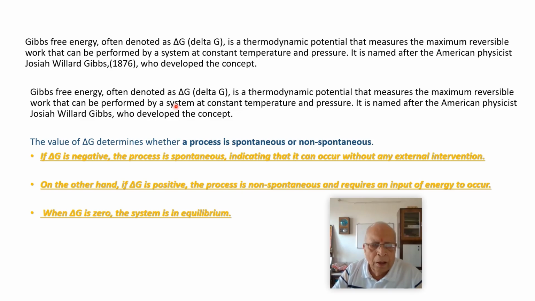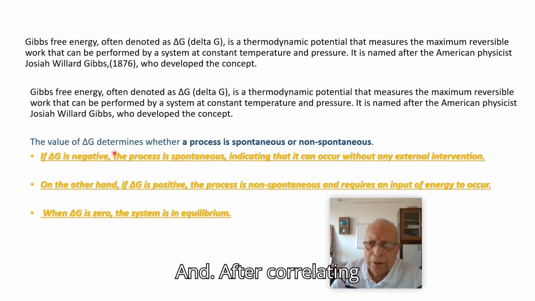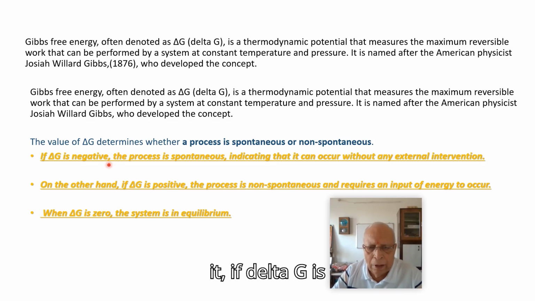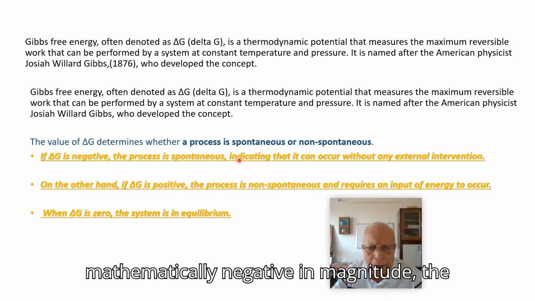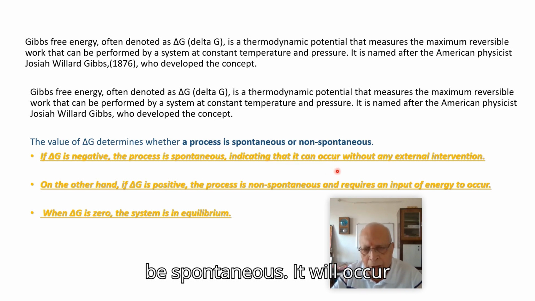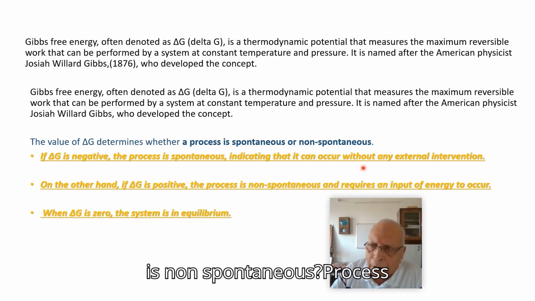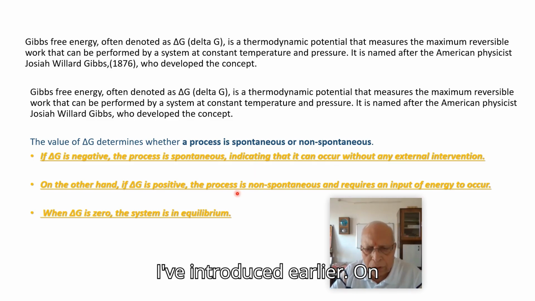And delta G represents the change in free energy. Take care, it is capital letter delta, of course a Greek letter, capital, not the small delta. And it is related to entropy and enthalpy terms. After correlating it, if delta G is mathematically negative in magnitude, the reaction or the process will be spontaneous. It will occur without external intervention. What a spontaneous reaction is and what a non-spontaneous process is, I have introduced earlier.